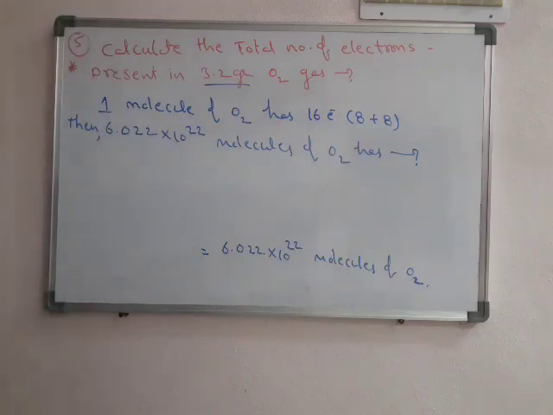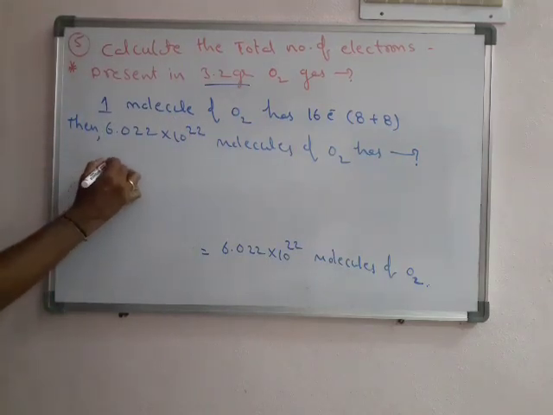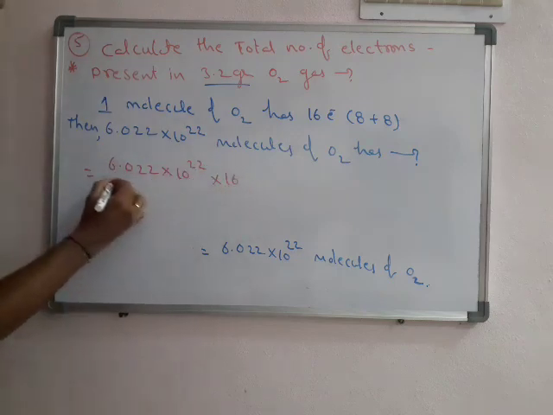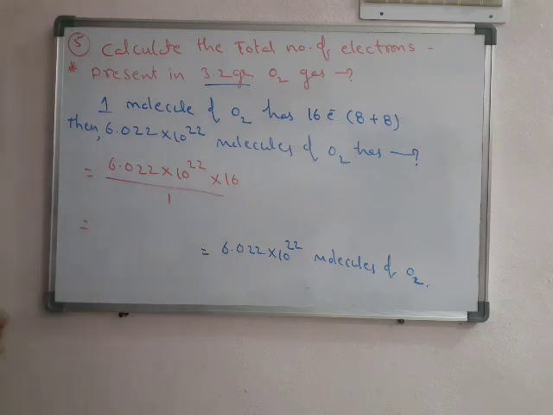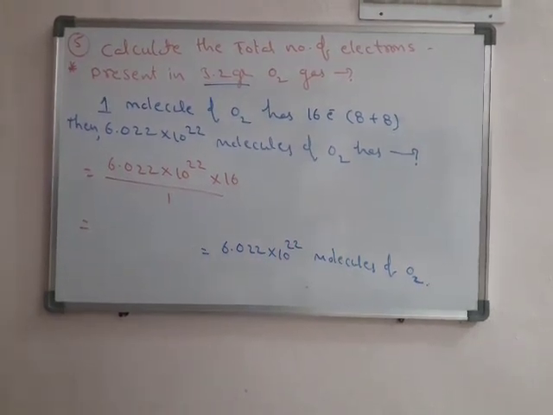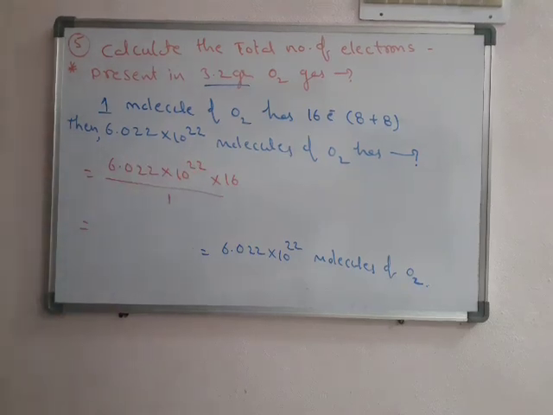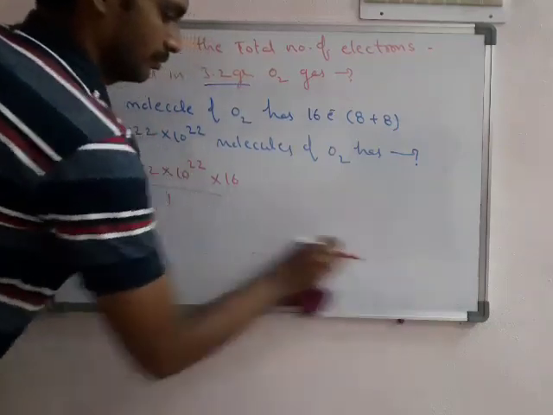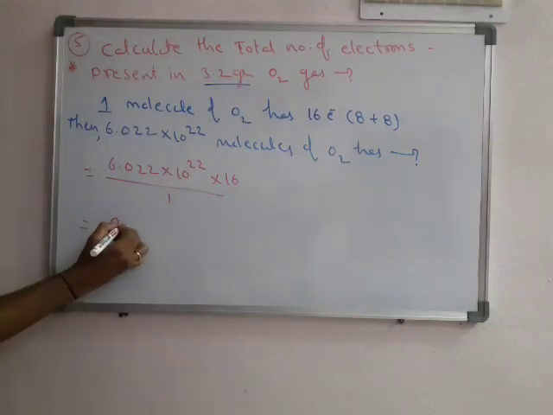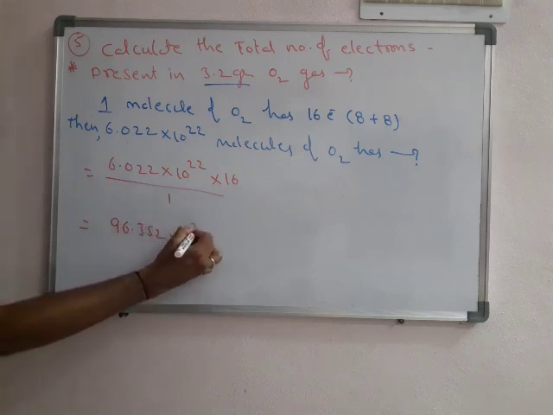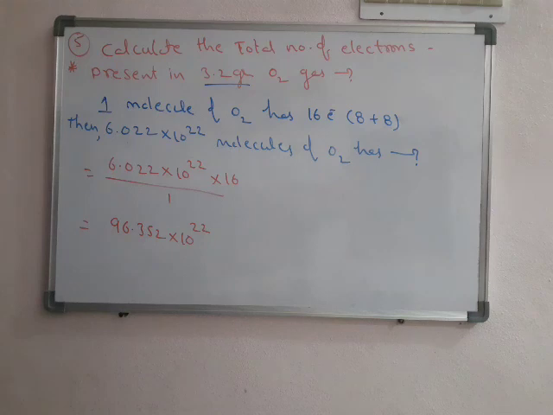Simple, cross multiplication. So on this calculation we got 96.352 into 10 power 22 electrons.